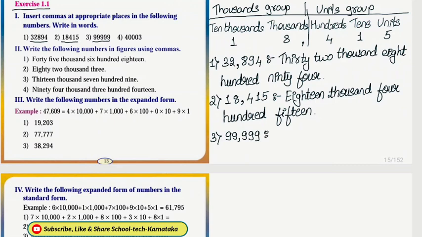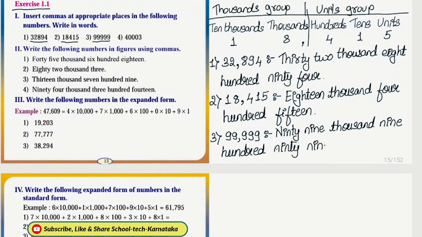How do we write this number in words? 99,999. Okay, and our last number is 40,003.